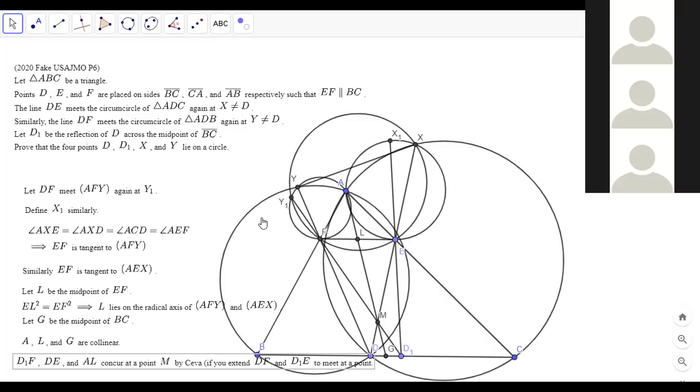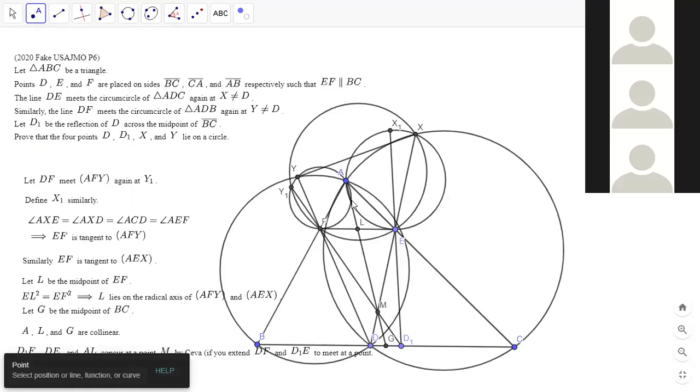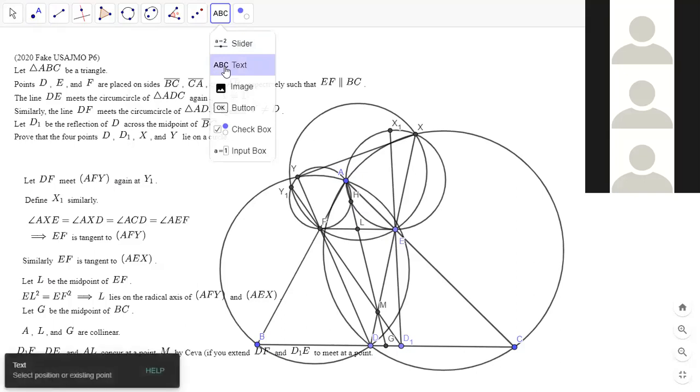Basically by the radical axis theorem. I'll just say define H as shown because I'm lazy.